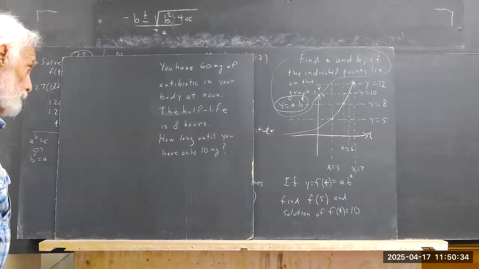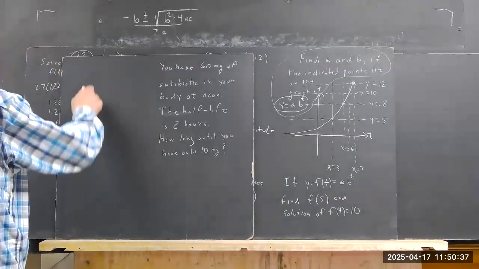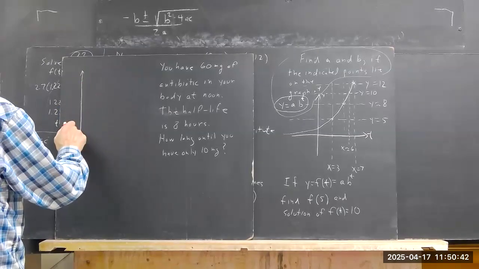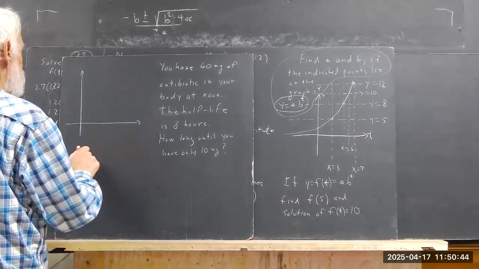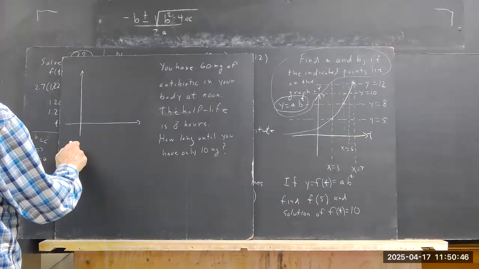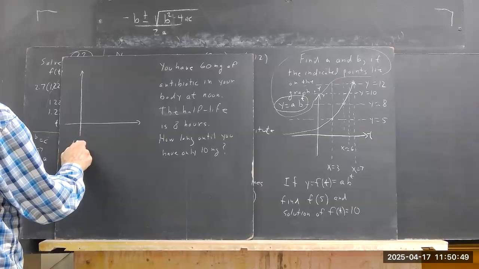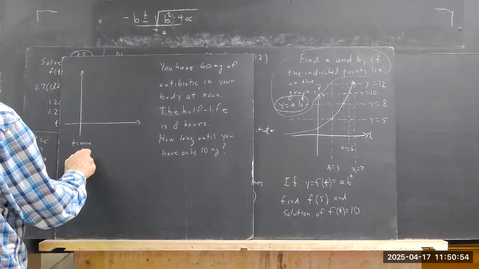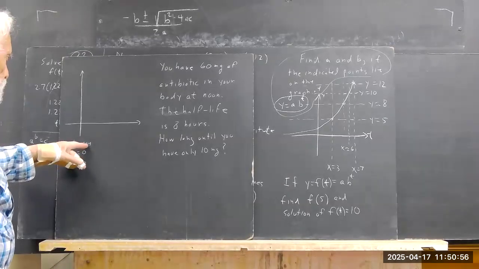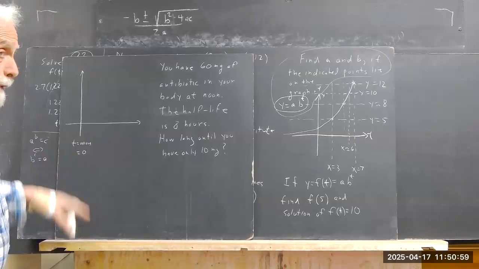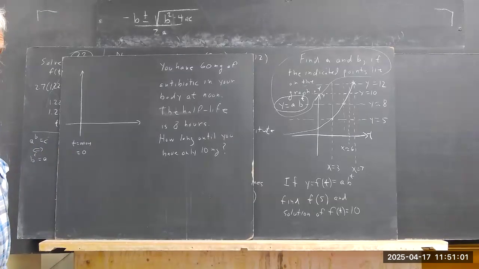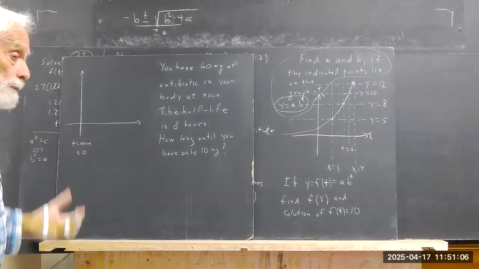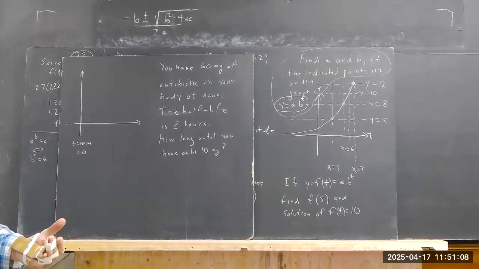Now, can you estimate that? Let's say time is noon, and we're going to call that 0. Okay. Can you put a point on the graph?